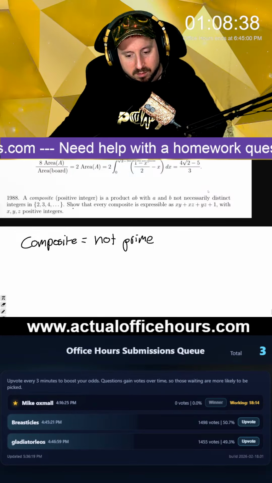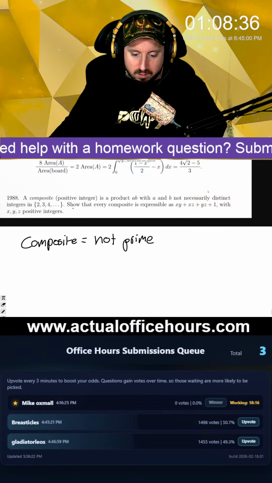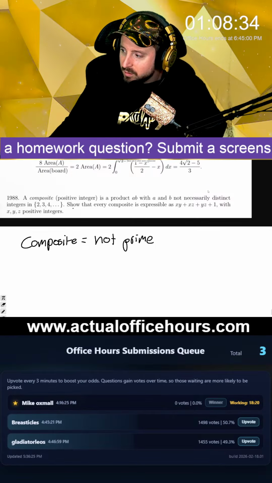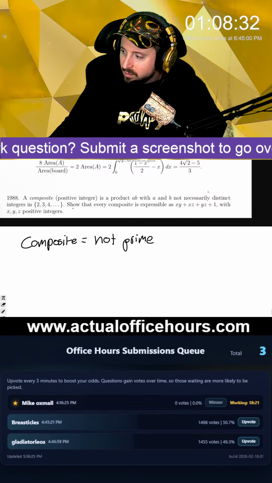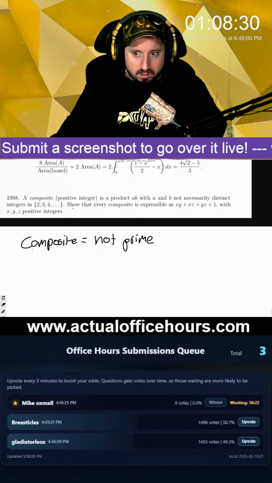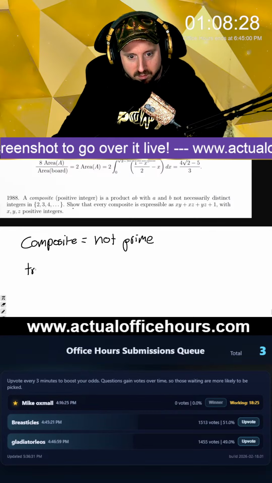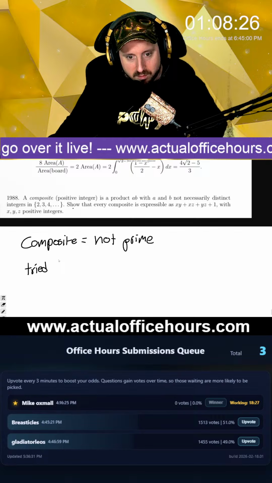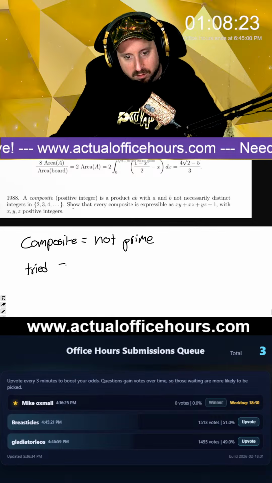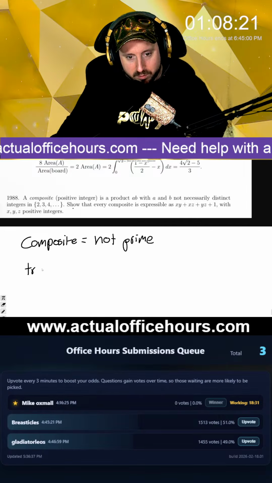My first instinct is to play with variables, so I tried a few values in my head, and I settled on z equals 1 as an example. Let's see what we get.